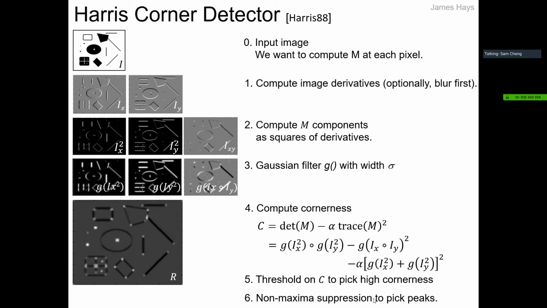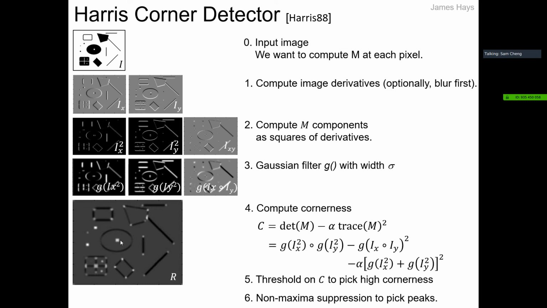I have 15 minutes. So yes, any questions? So R is your result. Why did it pick the center of the circle, and why does it pick the ends of the line segments? Is it just because there's a hole in the circle?